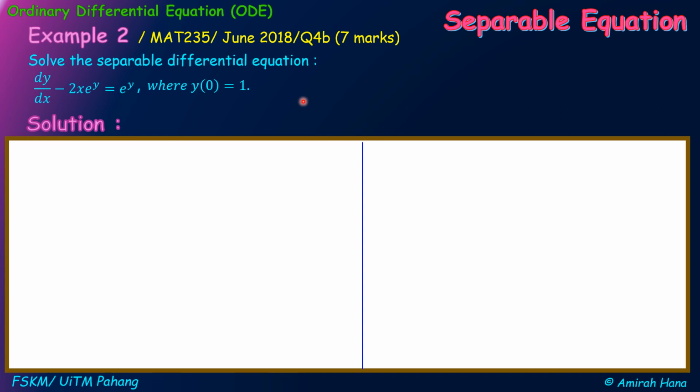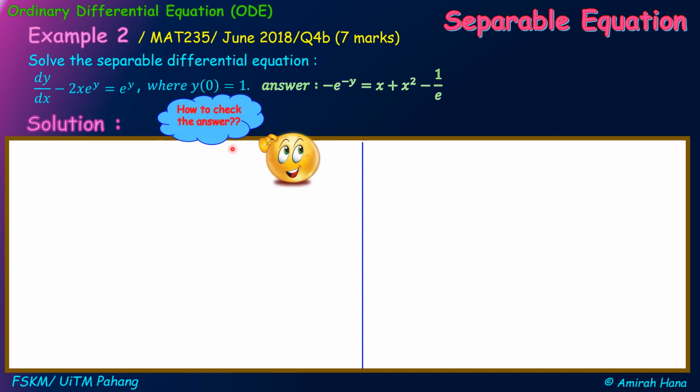From the previous slide, we get the final answer: negative e to the power of negative y equals x plus x squared minus 1 over e. How do we check the final answer? Is this answer correct or wrong? To check the final answer, we can differentiate back.